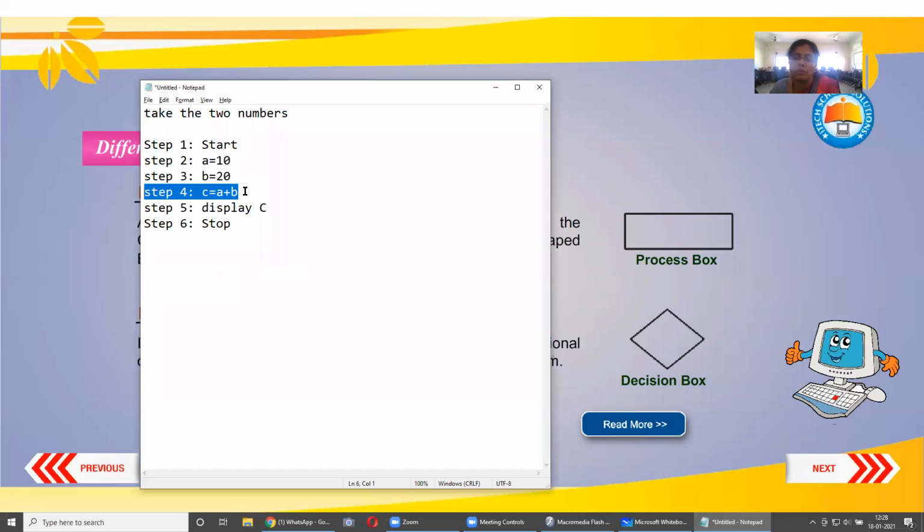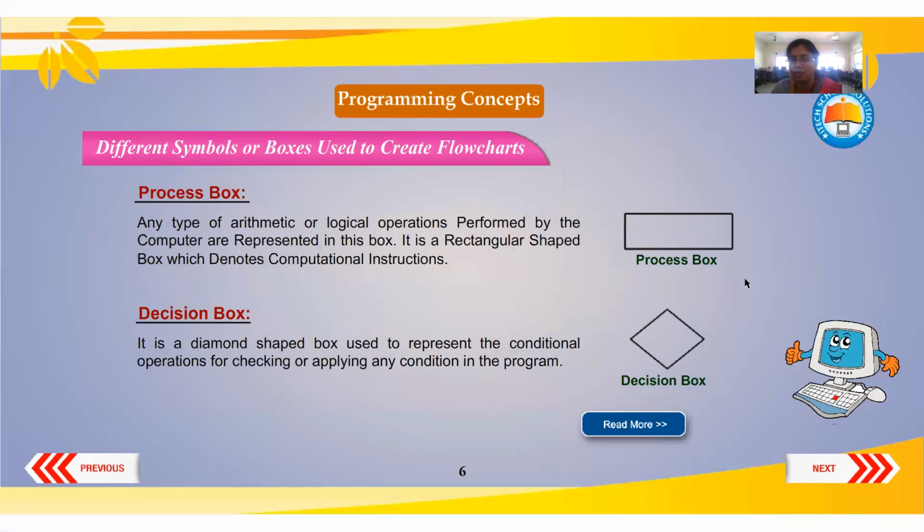This particular operation of addition. What is the operation happening over here? Mathematical operation, it is addition happening over here. So addition, or maybe multiplication, divisions, all these types of calculative instructions should be kept in the process box.